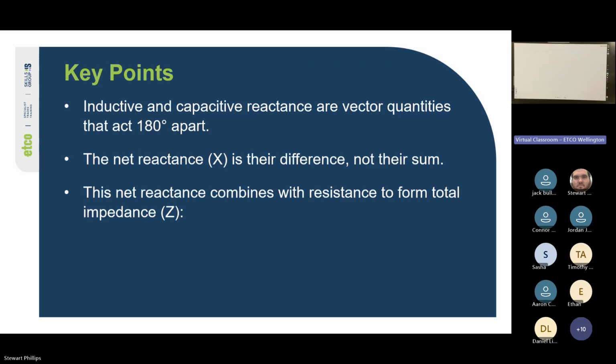This net reactance combines with resistance to form the total impedance, and we can write it as this calculation, with impedance, or Z, being equal to the square root of R squared plus (XL minus XC) squared. It doesn't matter whether you end up using the smaller number minus the bigger number or the bigger number minus the smaller number. As soon as we square the number, it will turn itself into a positive number. It's just the way the mathematics works.